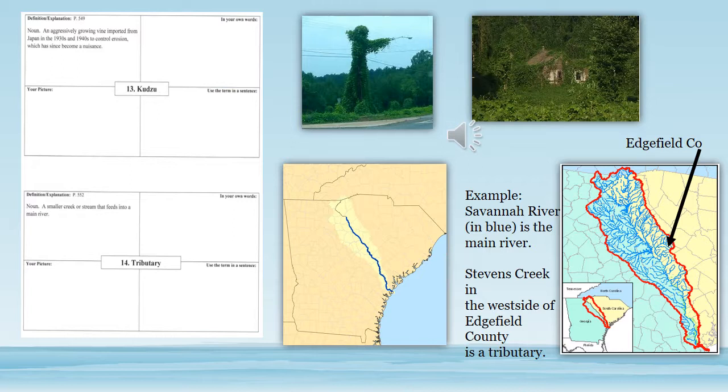And I just picked one from Edgefield County, one that we're familiar with. That's Stevens Creek. It's located in the west side of Edgefield County, and it's just a tributary of the Savannah River.